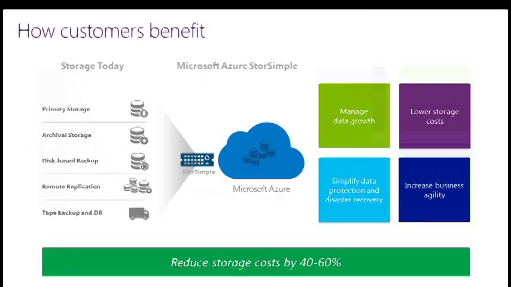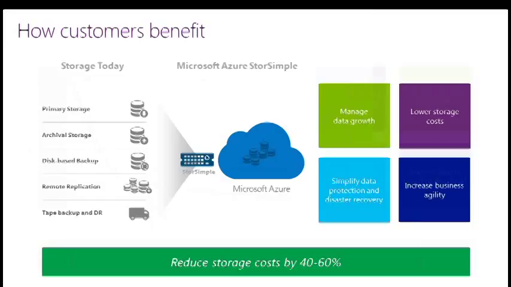So as I mentioned, the way StorSimple works is this tiering mechanism. If you look at the amount of data which you actually access on a day-by-day basis, it's probably quite a small amount of your overall data. So what StorSimple does is it's got two tiers on the device itself, so high-speed SSD and slightly slower nearline storage.